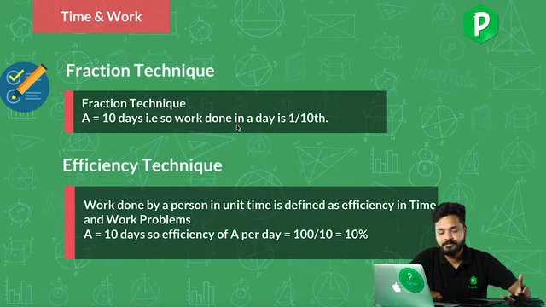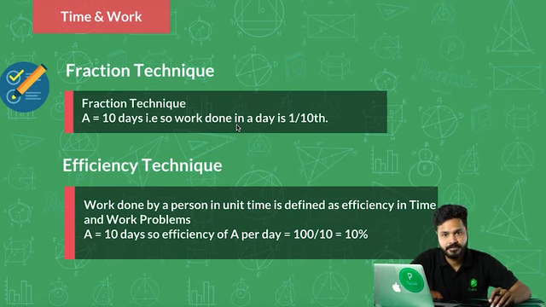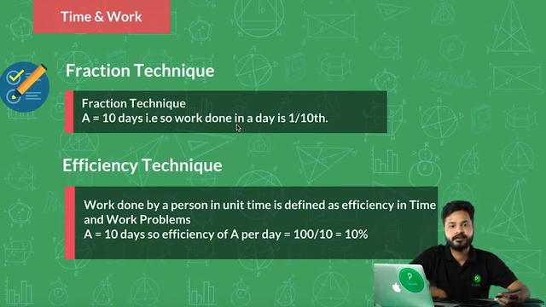Similar example: if A can finish a work in 10 days, A's per day efficiency is, we take the total work as 100 and divide it by 10, so his per day efficiency becomes 10%. If his per day efficiency is 10%, and he works for 10 days, his entire work is done. Let me take one example to give better clarity on this.